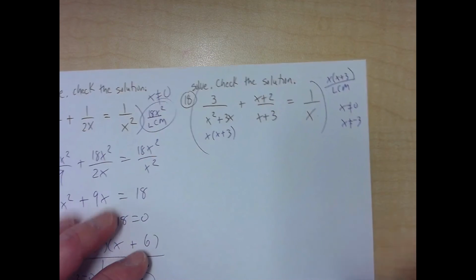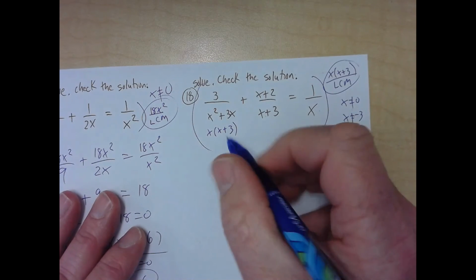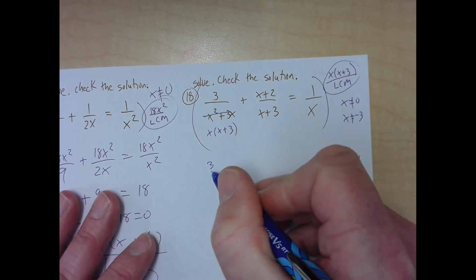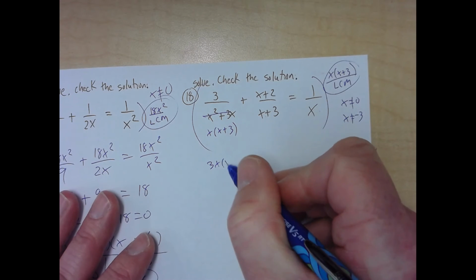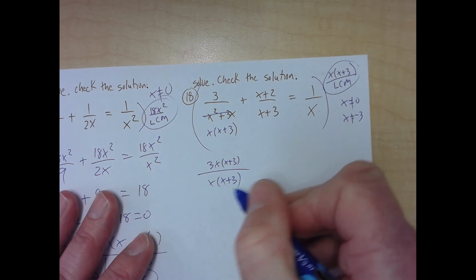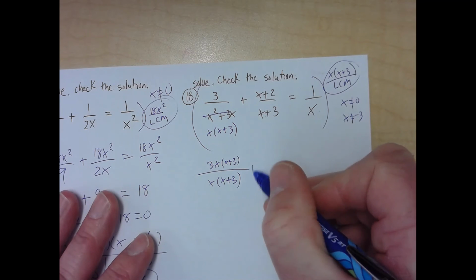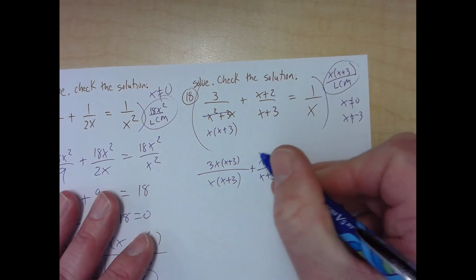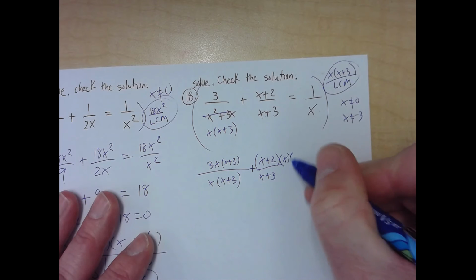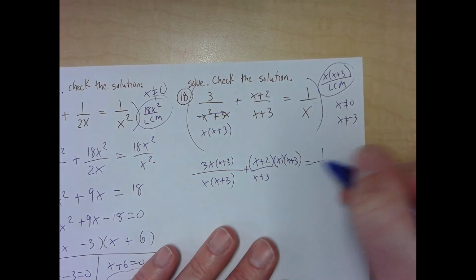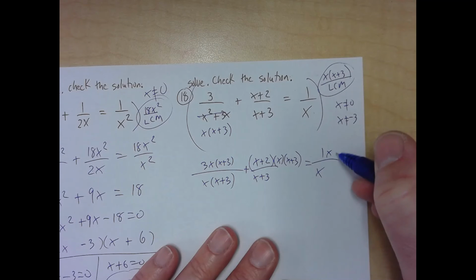So I'm going to distribute this all the way through, and I'm going to change that into that. So it's going to be 3 x times x plus 3 over x times x plus 3. So that'll all cancel out. Plus x plus 2 over x plus 3 times x plus 3 is equal to 1 over x times x plus 3.